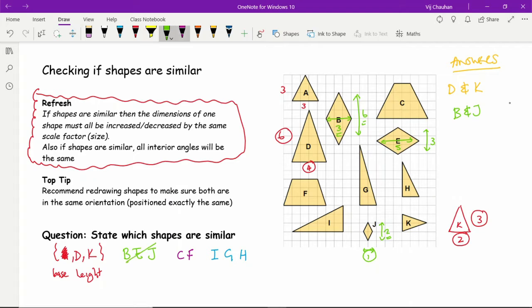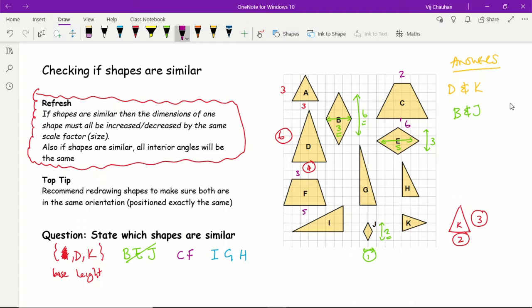finally checking with regards to C and F. Now again, although I've only got two shapes, it's still worth double checking to make sure that is the case. So if I take the smaller parallel side of C, that's got a parallel side of 2 and it's got a longer side of 6, and here I've got 3 and I've got 5.